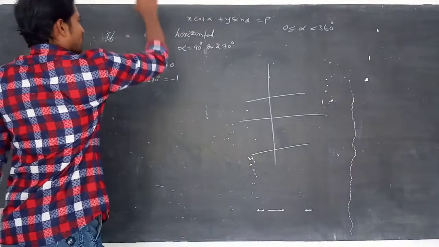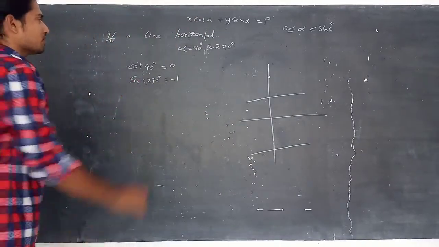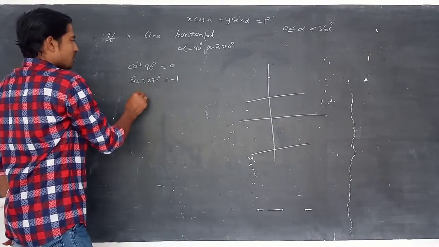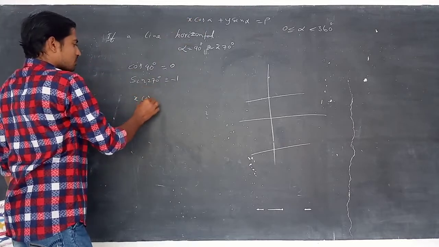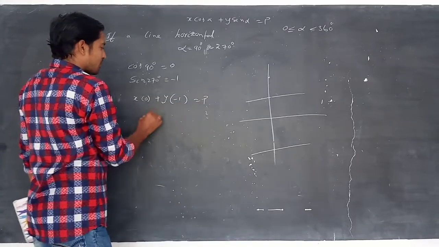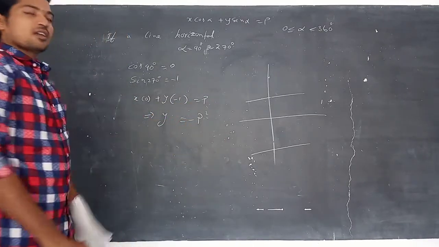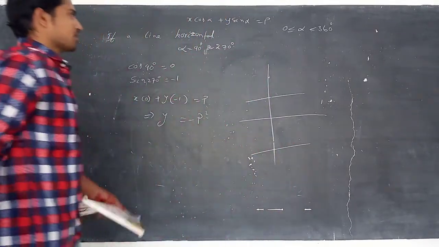So the normal form of the line equation is x cos 90 degrees, that is x times 0, plus y into minus 1 is equal to p, that implies y equal to minus p. When a line is a horizontal line, then y is equal to minus p.